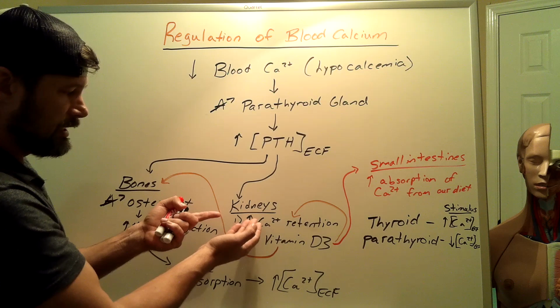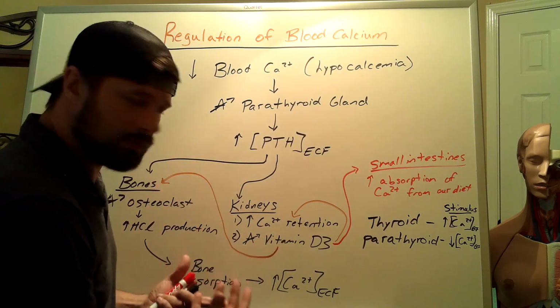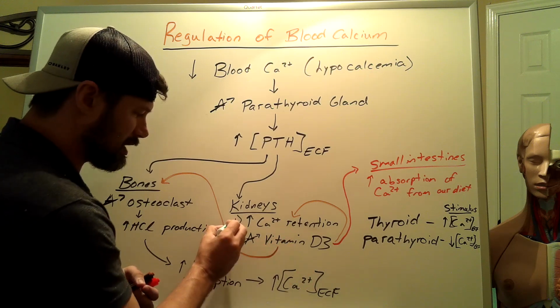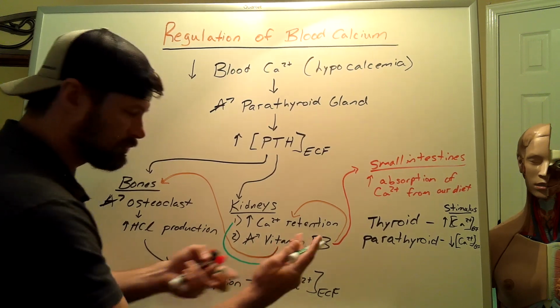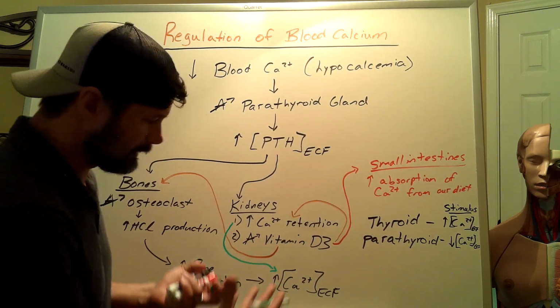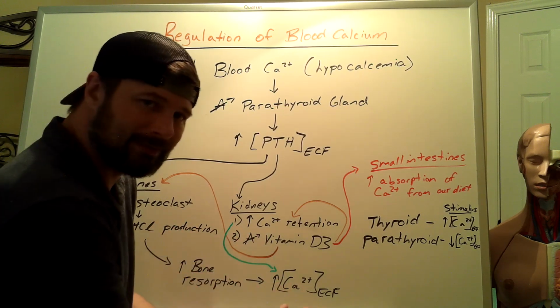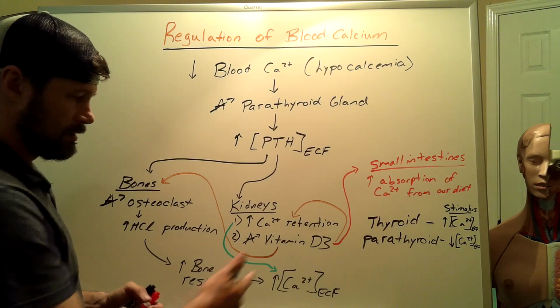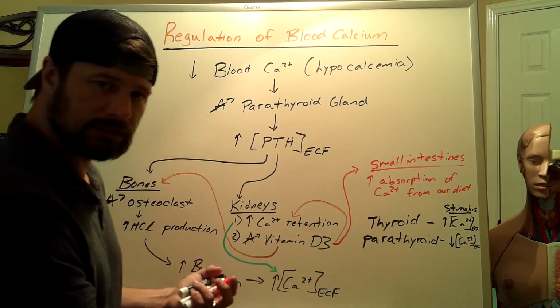PTH also talks to our kidneys. This is going to retain more calcium. And we can actually draw an arrow from here if we wanted to, because as we retain more calcium, the whole idea is to increase the amount of calcium in our blood. Vitamin D3 does the same thing.